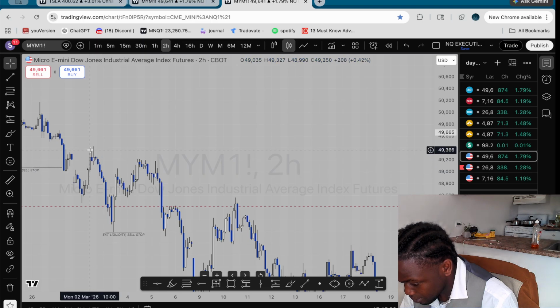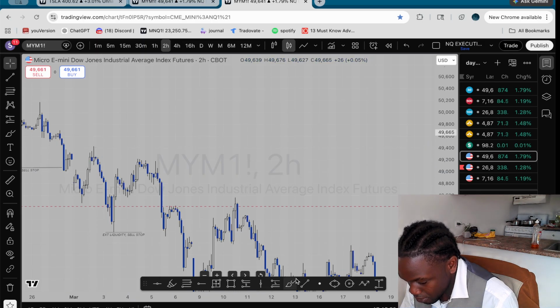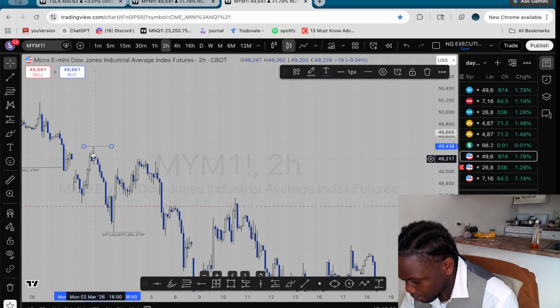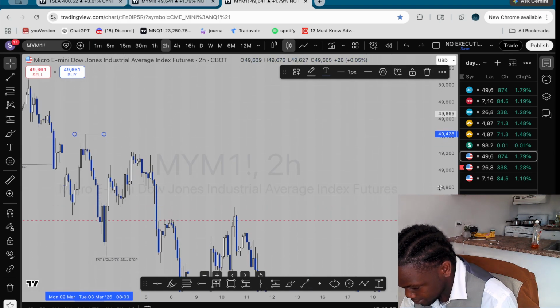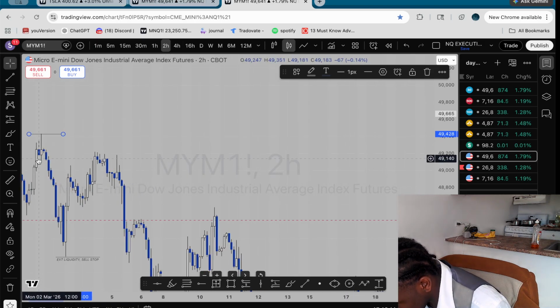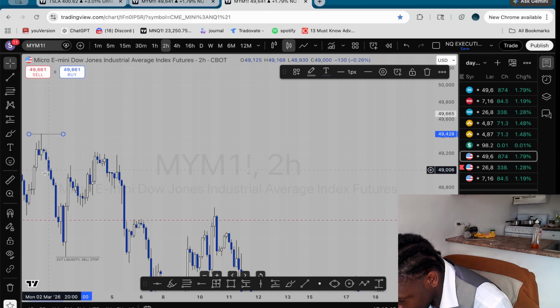Well, now you have this high sitting up here. We don't expect that high to get taken. So look at the range. What do you notice in the range? There are what? Gaps. From a mitigation breaker block here, there's gaps.